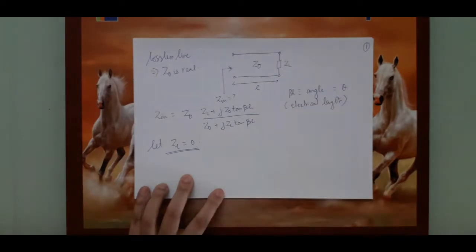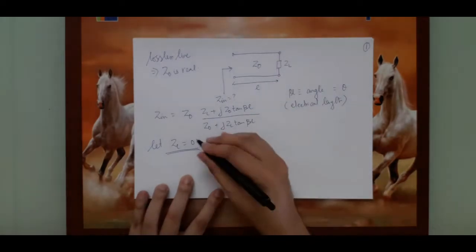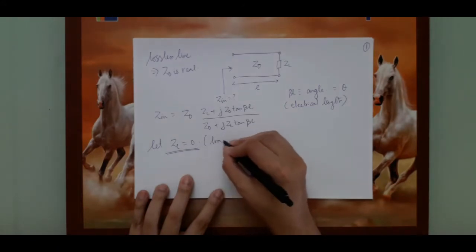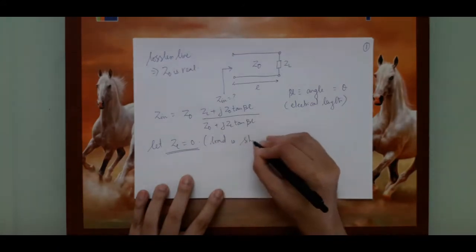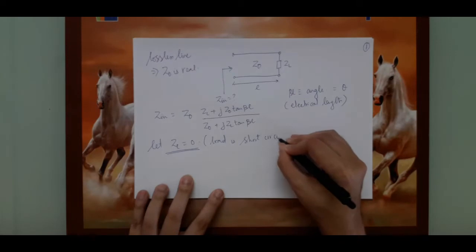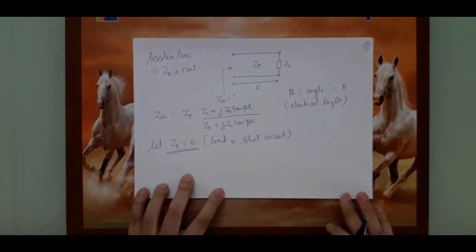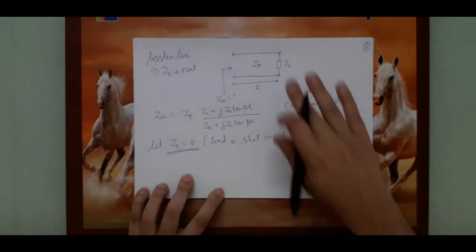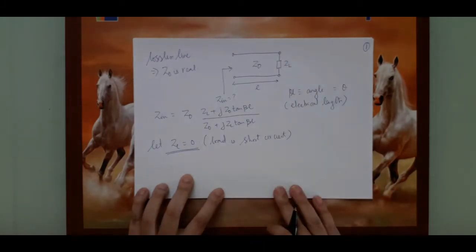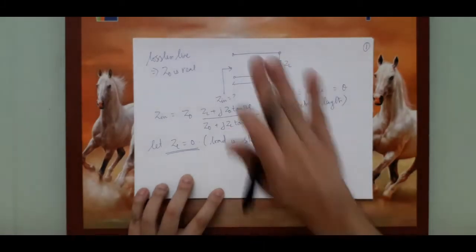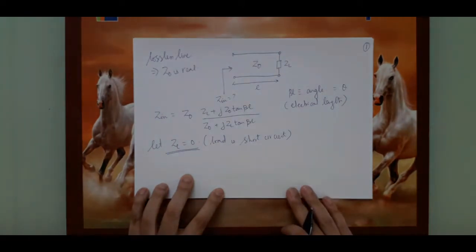If ZL is 0, it means the load is a short circuit. So if ZL becomes 0 and Z0 is some real positive quantity because it's a lossless line, then what will be Zin?